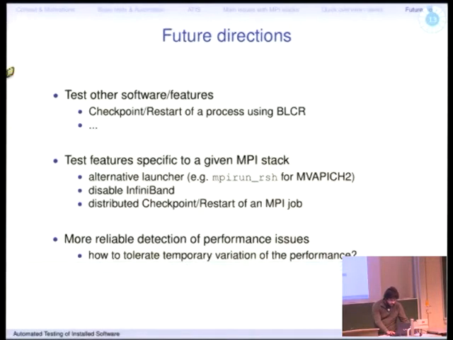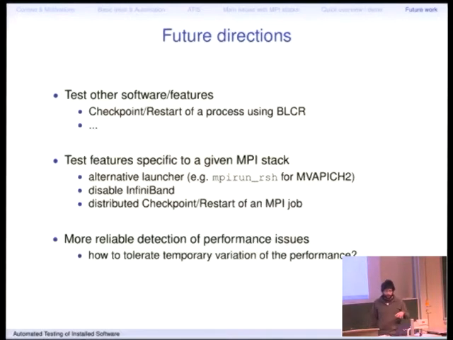Okay. So some of the future directions of this work. Right now I'm only focusing on MPI stacks. Some other things I would like to test, which are a bit critical for me since there are plenty of reasons to fail, is for example checkpoint restart using the BLCR library.